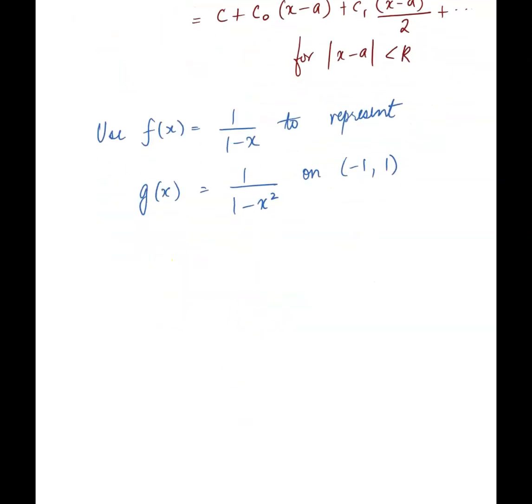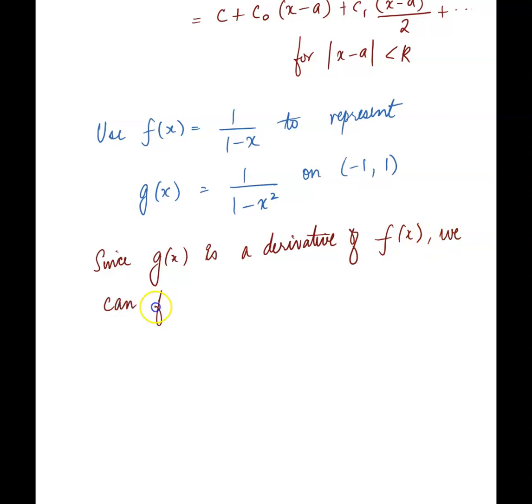So then let's make a quick note and say, since g is the derivative of f of x, we can find a power series for g by differentiating f term by term.